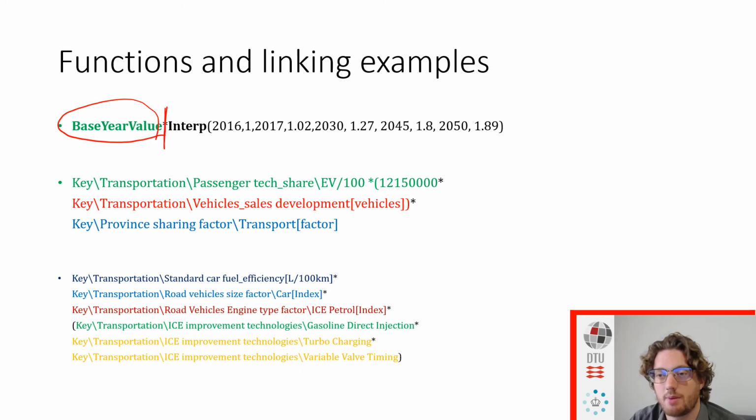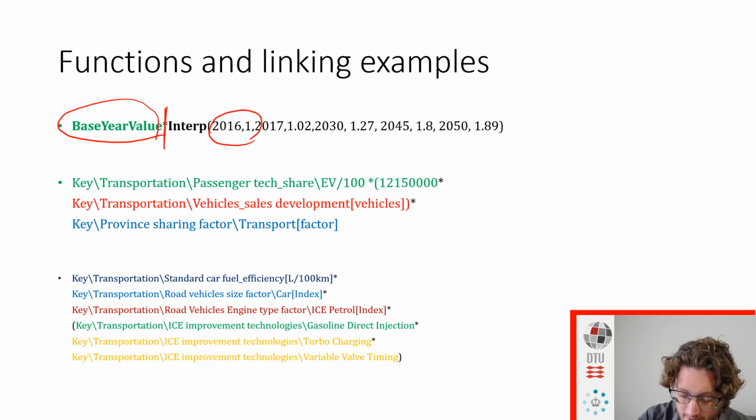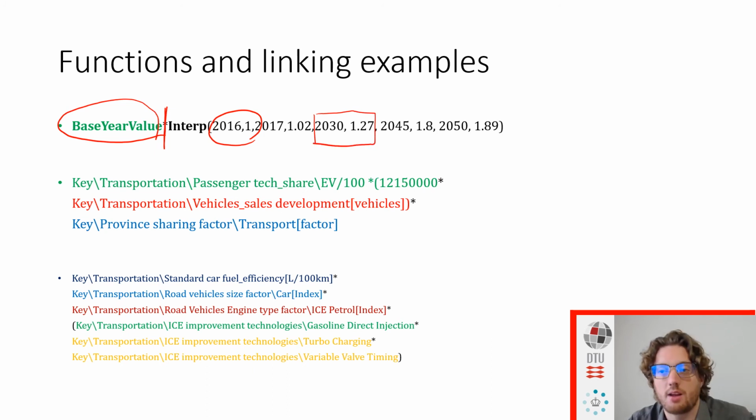Whatever it is in my base year, I can then multiply that by a different factor on every given year. So I know in 2030 for this particular thing, I want my value to be 1.27 times what it was in my base year. That's what this function means, and that's just by linking two functions together, which is quite nice.